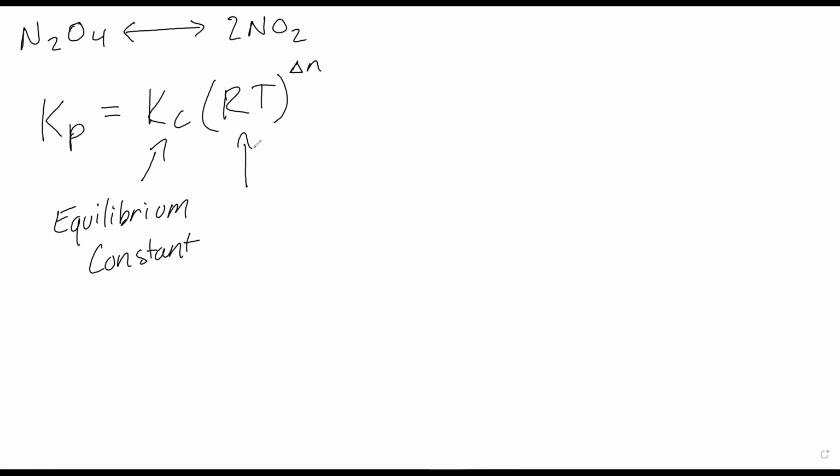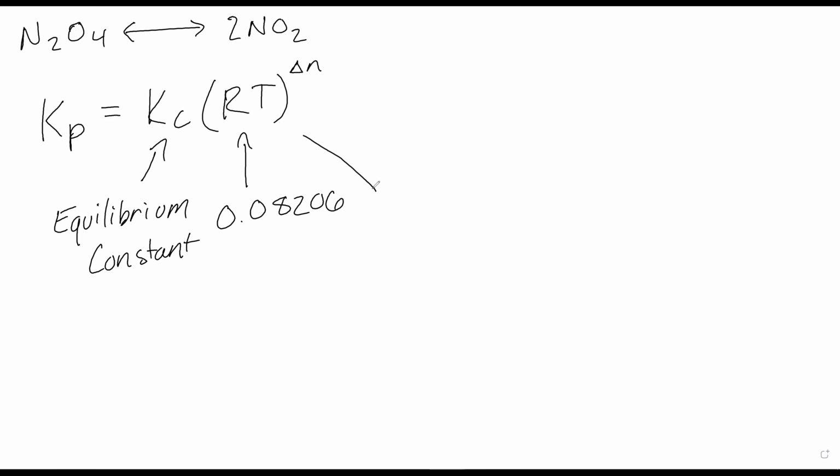R is another constant that is always going to be 0.08206. And it's got a bunch of units at the end of it. It's basically just meant to cancel out so that your pressure is always in atmospheres.